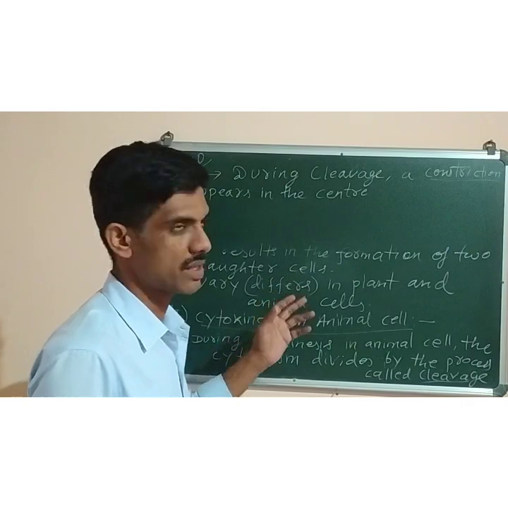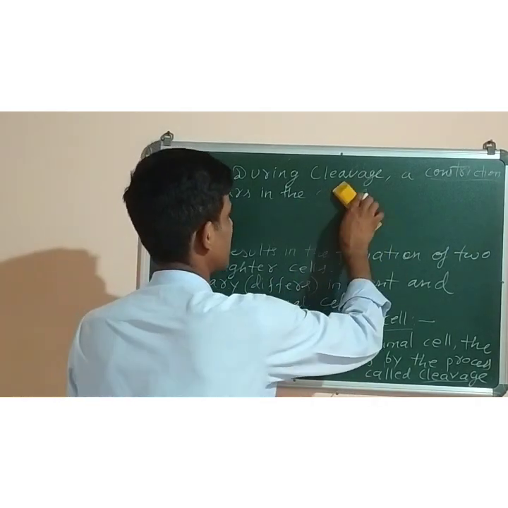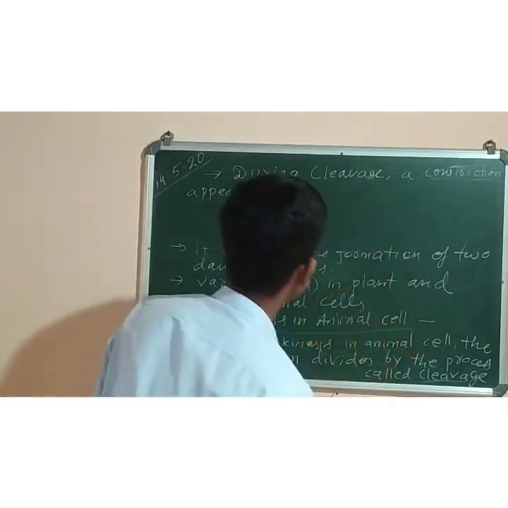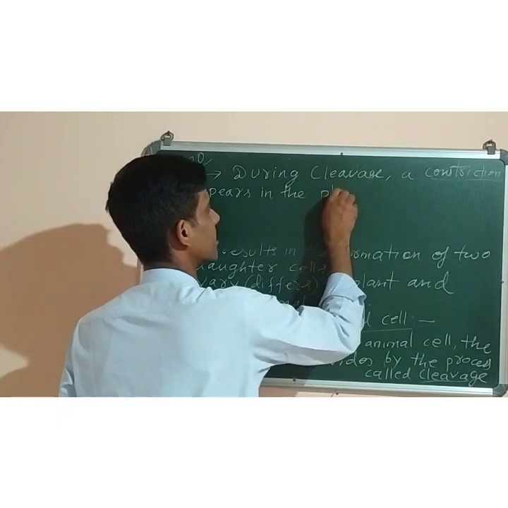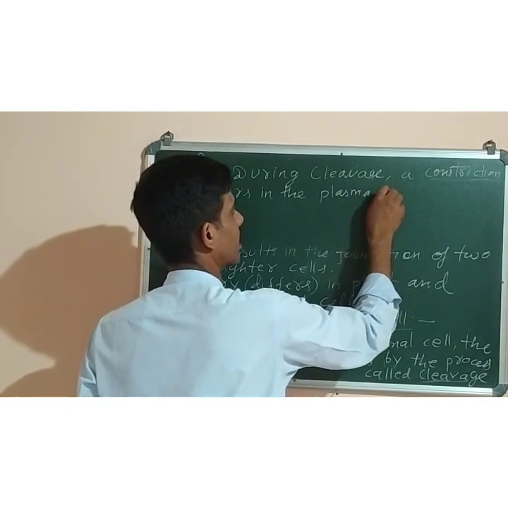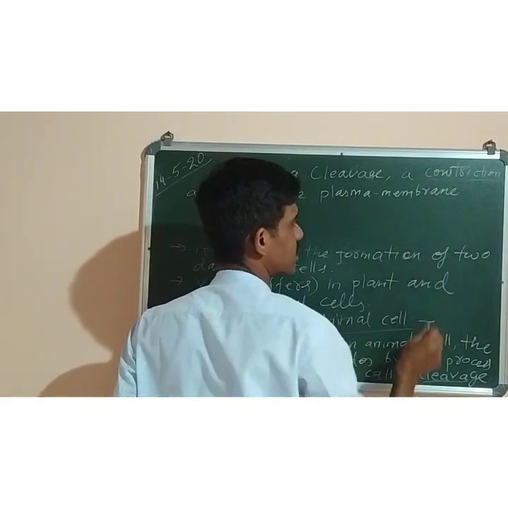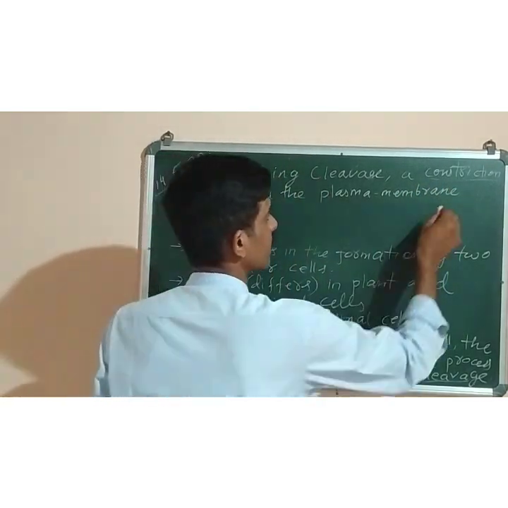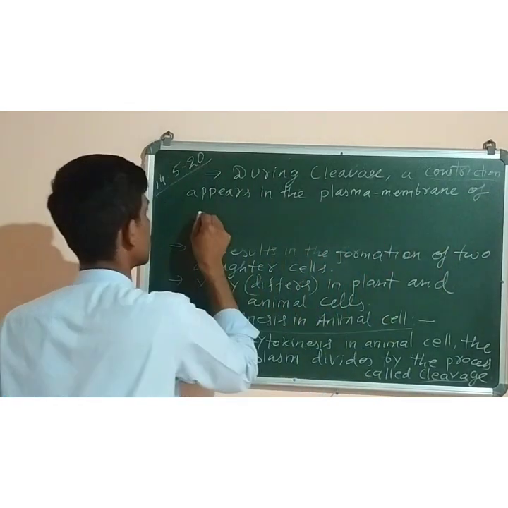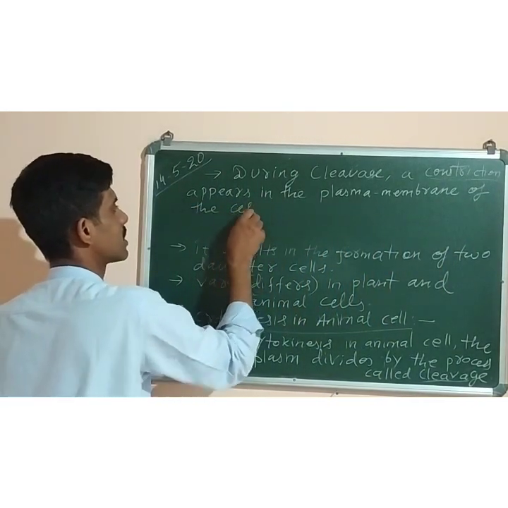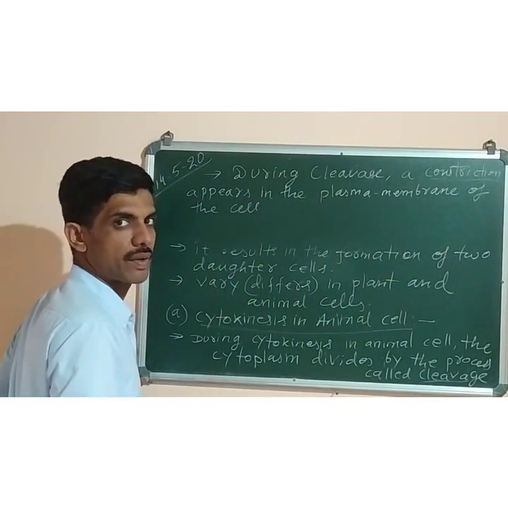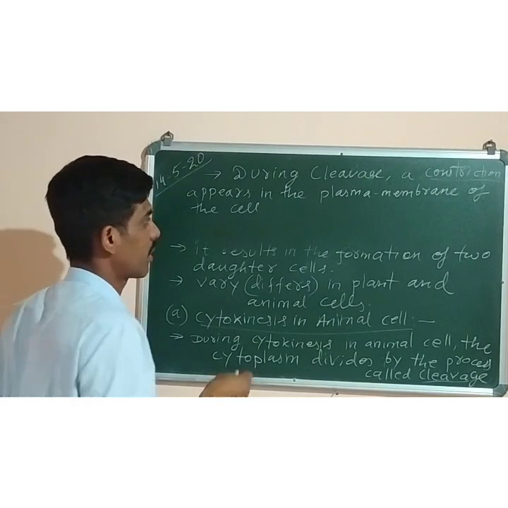Instead of writing center, you can write constriction appears in the plasma membrane of the cell that results in the formation of cleavage furrow.